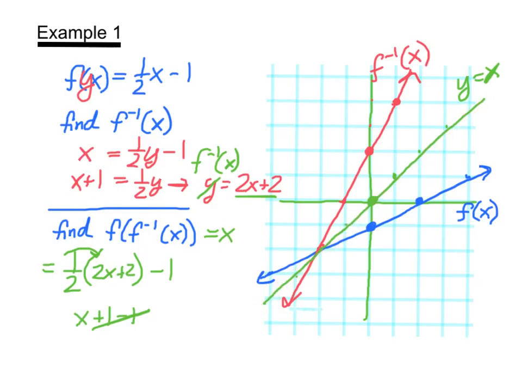And that makes sense because I'm mirroring these two functions across that line, y equals x. And so the only point that is common to those two graphs is -2, -2. And you can plug those coordinates into each of those functions and you'll get the same values.